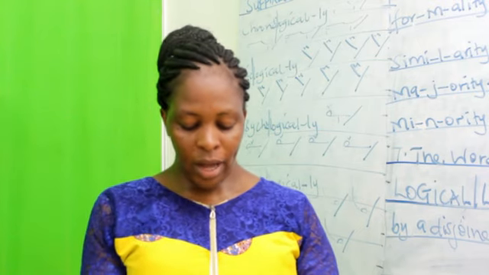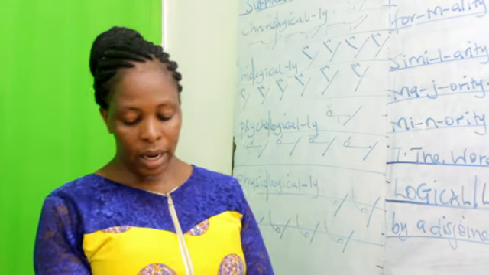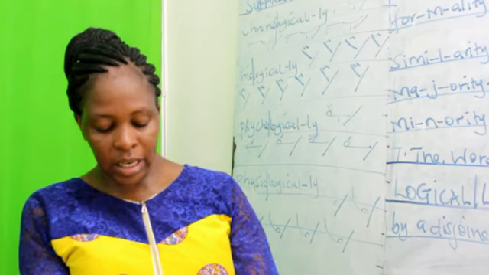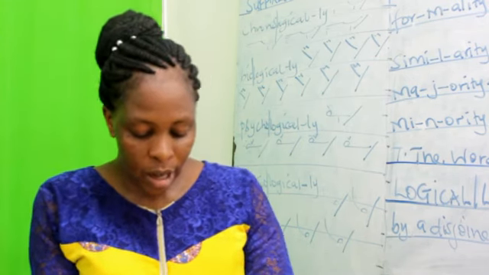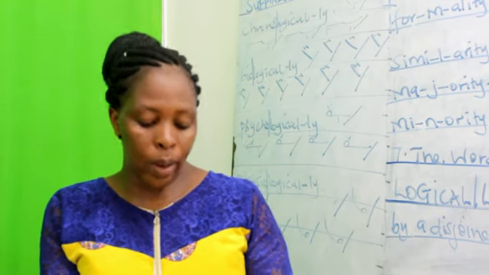Then we have another suffix ending, ly. That is L and Y, and it is represented by stroke of L, which can be disjoined where necessary, or you use an L hook.